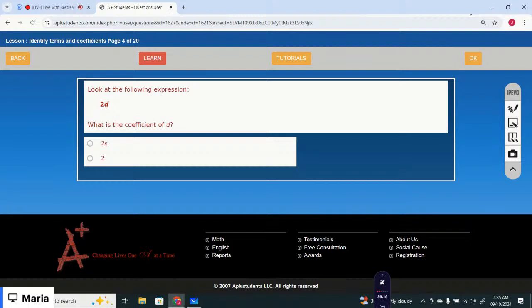That is 2. Option number 2 is the correct option. Okay, you can complete the lesson by yourself later today. Let me just move on to the next lesson because that is too easy.